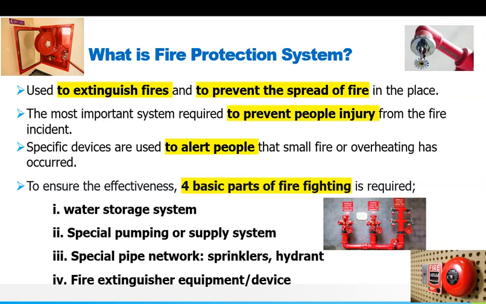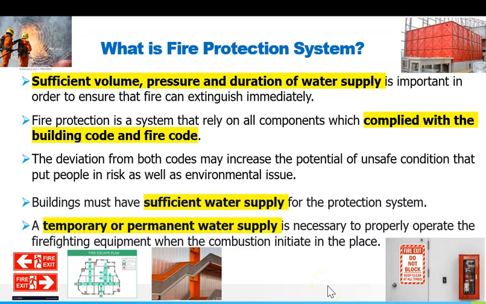And also you need a special pipe network, for example sprinkler and hydrant, and also hose. And also we need some portable equipment, for example the fire extinguisher. And alarm is very important to alert people so that they can evacuate the building or the place.